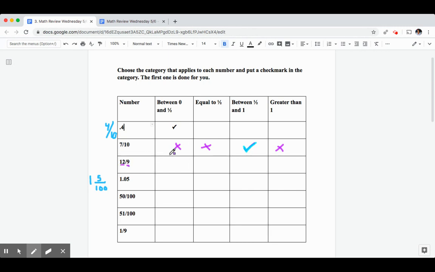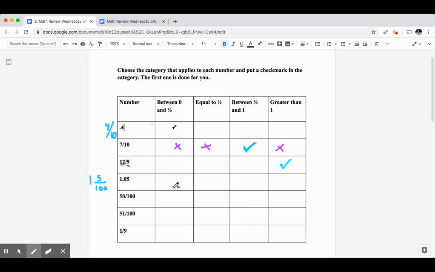And 12, our numerator, is bigger than our denominator. So we know right away that this fraction is greater than 1. We know that just because we understand what fractions greater than 1 are. So we did not have to do any math in order to determine that. 1 whole would have been 9/9. 12/9 is bigger than 9/9.